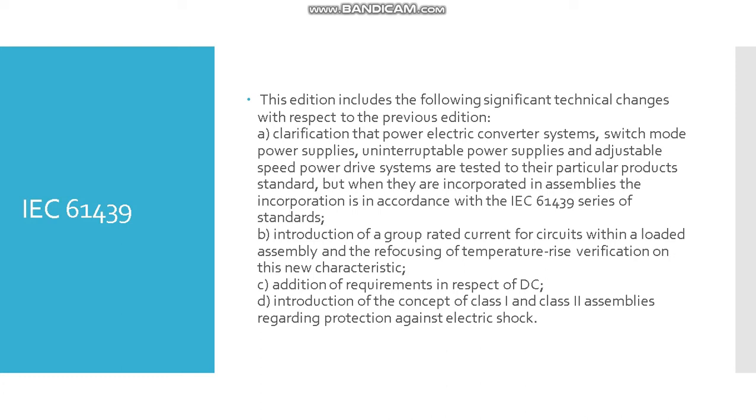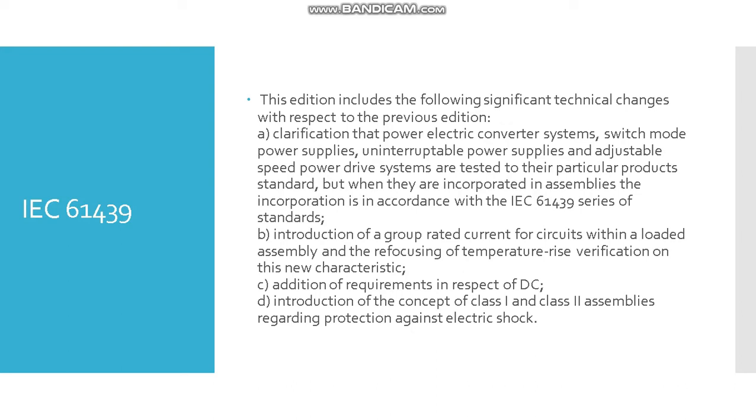A. Classification of the electric converter system, switch mode power supplies, uninterruptible power supplies, and adjustable speed power drive system are tested to their particular product's standard. But when they are incorporated in assemblies, the incorporation is in accordance with the IEC 61439 series of standards.